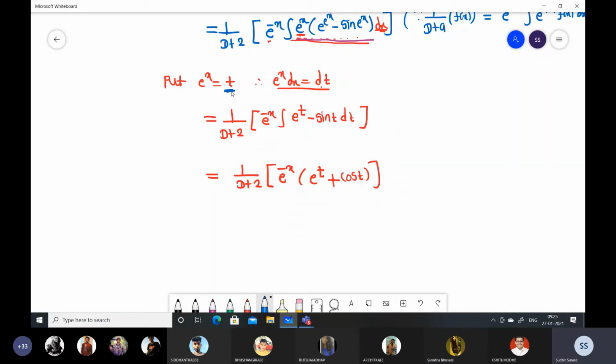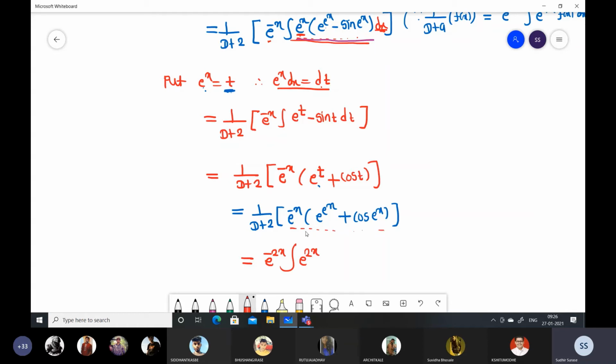The value of t is e to the power x. So this will be 1 upon D plus 2 e to the power negative x, and inside this will be e to the power x plus cos e to the power x, because t is nothing but e to the power x. Now let us apply this 1 upon D plus 2 using the same formula. So this will be e to the power negative 2x outside and e to the power positive 2x inside, and we have to consider this whole function: e to the power negative x in bracket e to the power x plus cos e to the power x dx.